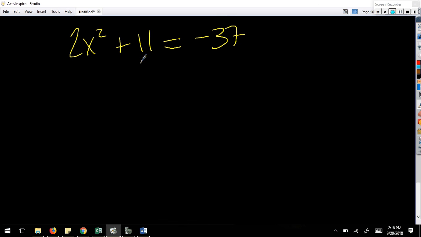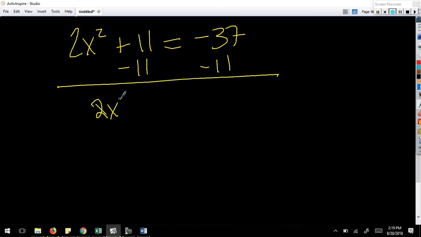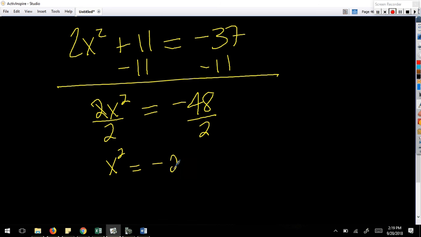Subtract 11 on both sides. So now I have 2x squared. Everybody agree with that? Divide by 2, that's correct. Now take the square root, that's right.